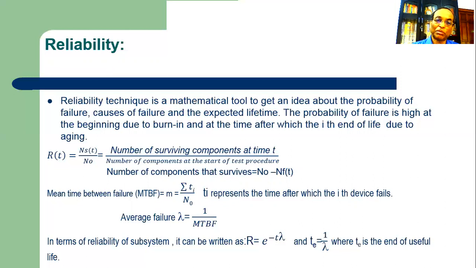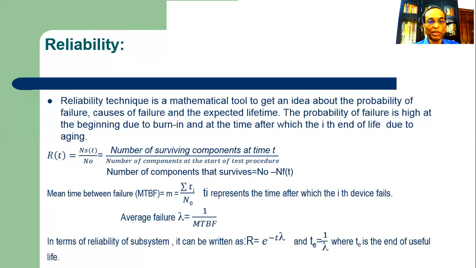So it is the summation of Ti, when the ith device has failed, from 1 to i. Average failure rate, that is lambda, is equal to the reciprocal of the mean time between failure.